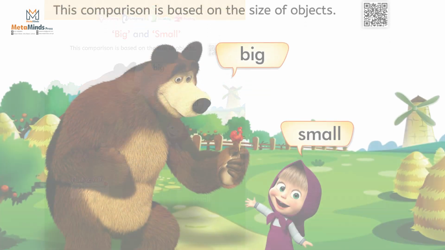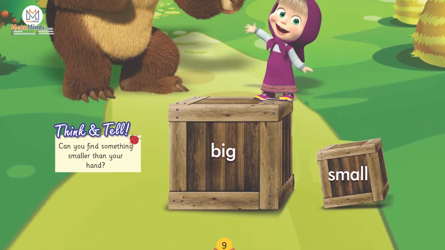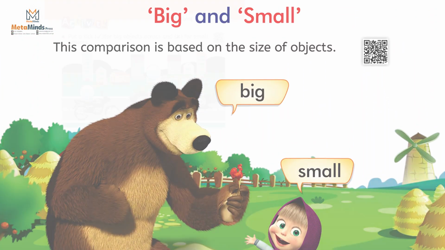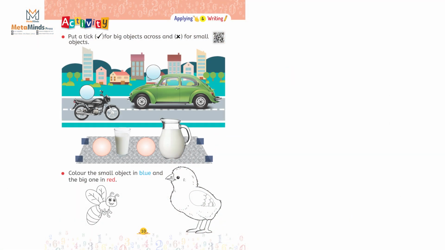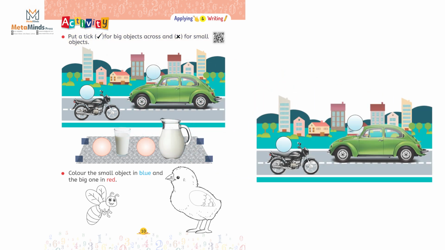Okay, so this was our lesson, and what is the activity related to it? We are going to see that. And the activity page says, put a tick for big objects and cross for small objects. Okay, so here are two objects, a car and a bike.